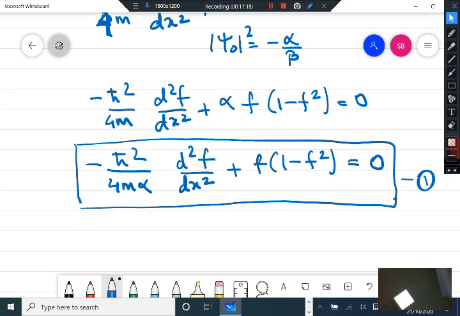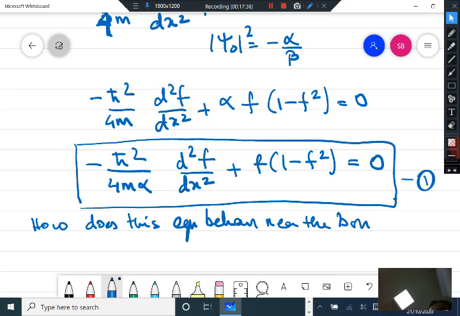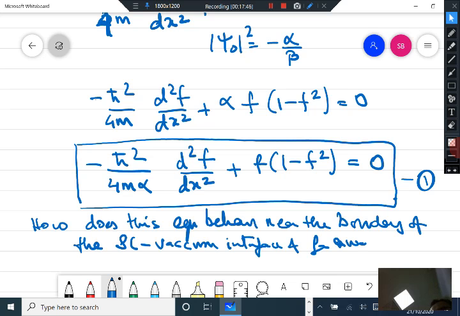How does this equation behave near the boundary of a superconductor vacuum interface, and far away from it?